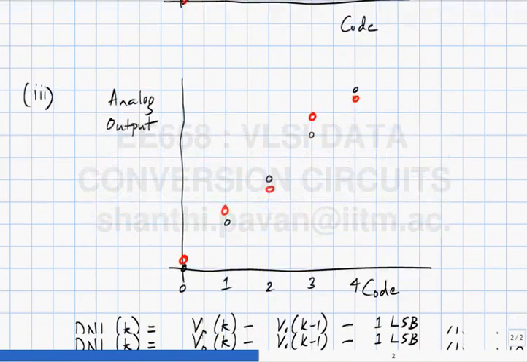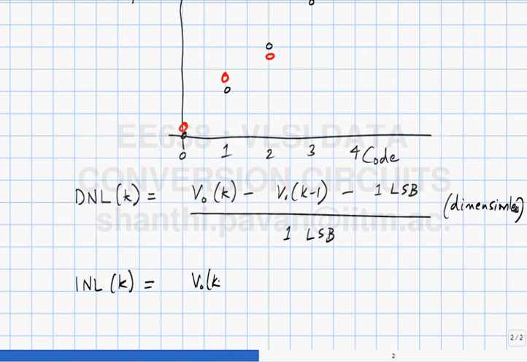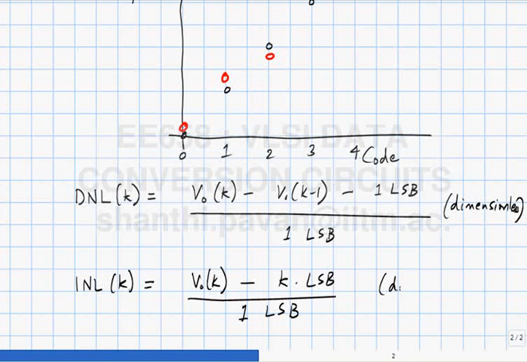So it is basically V out of K minus, in this example, K times LSB, divided by 1 LSB, right? It's quite straightforward, and again this is dimensionless. And just like in an A to D converter, you can derive a simple relationship between the DNL and INL. The INL is simply the running sum of the DNL. Does it make sense?